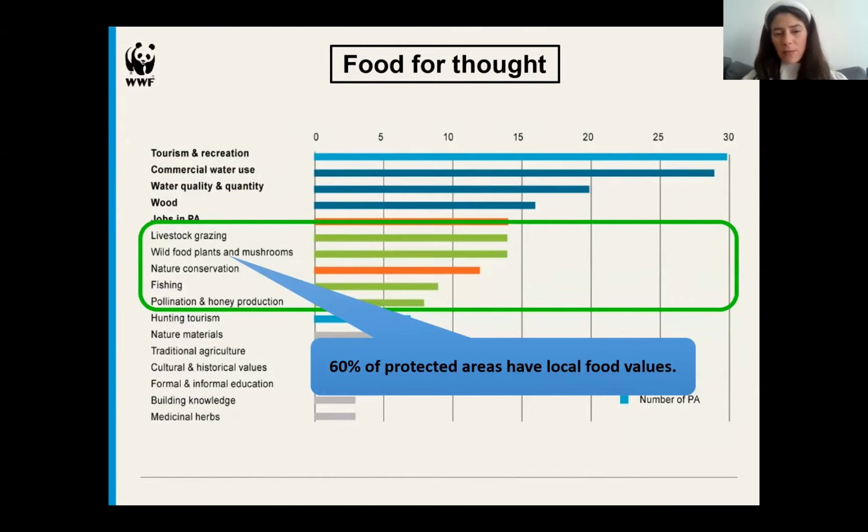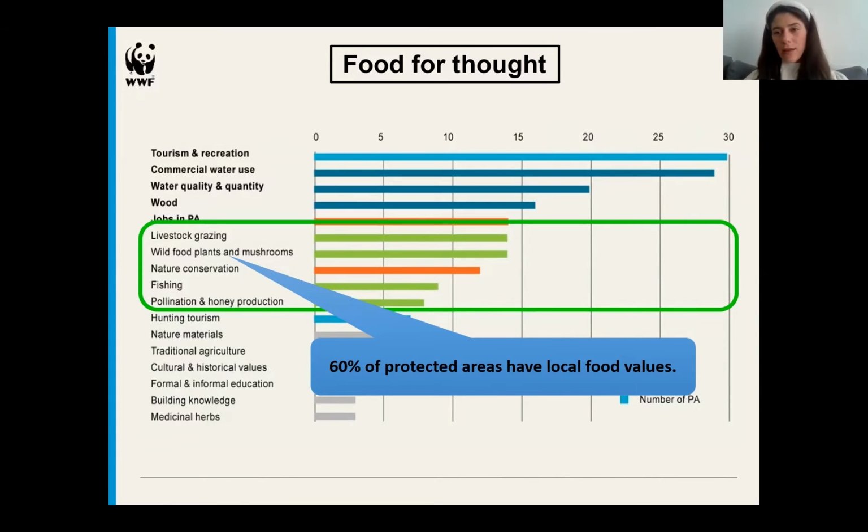So in 60% of protected areas, food values are really high, not only for subsistence, but also for economic value. Livestock grazing is one of the highest, but we also have wild food plants and mushrooms, fishing, honey production, and we can see also hunting later on.